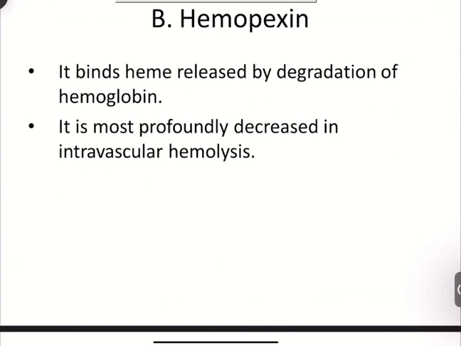Next, your hemopexin and your haptoglobin will go into that and get those molecules needed for another cycle of your cell functions. Like your hemopexin, you have your heme as its transport. It is the most profound decrease in intravascular hemolysis.